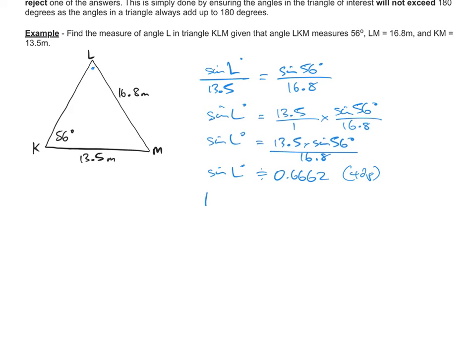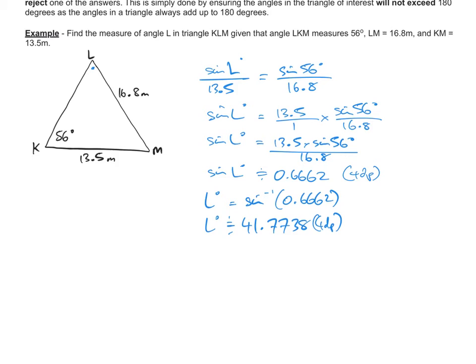So now L is going to be inverse sine of that. So in the calculator, do that. So L is going to be approximately 41.7738 to 4 dp.